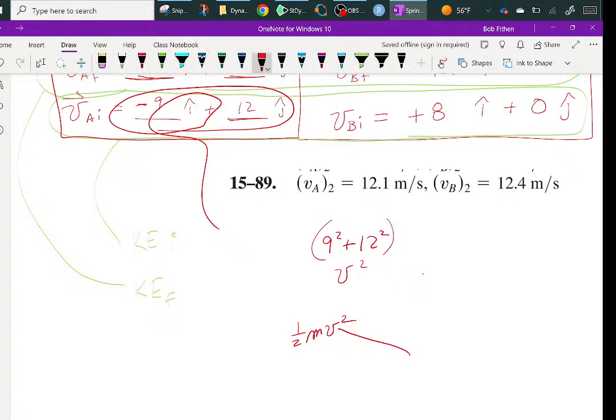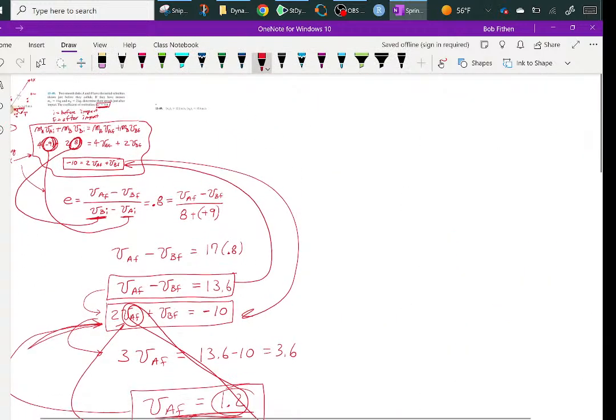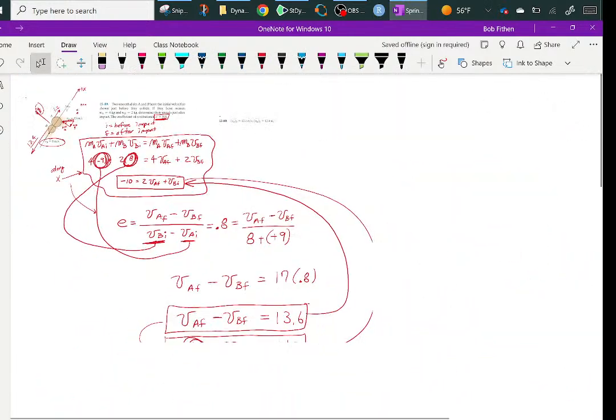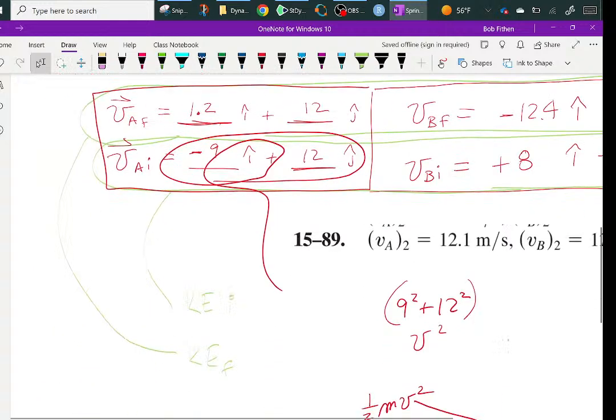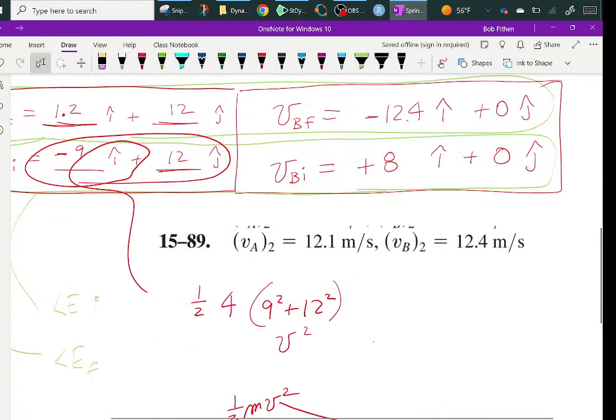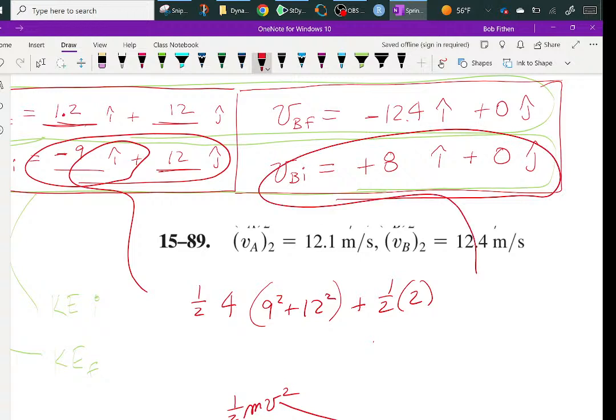The mass of that thing is, I do not remember. A was the larger one. So A was the larger one. And it was 4, and then you got a half. And then you got another term here that was a half times 2, because that's the mass of this one. And then I get 8 squared.